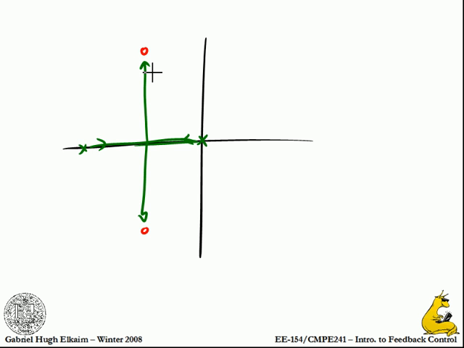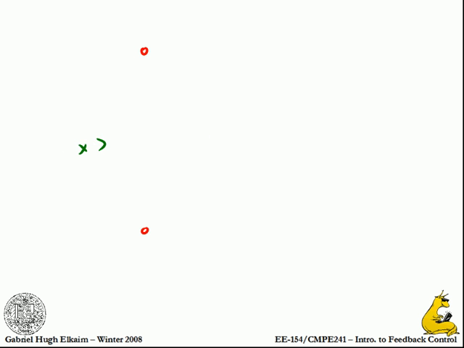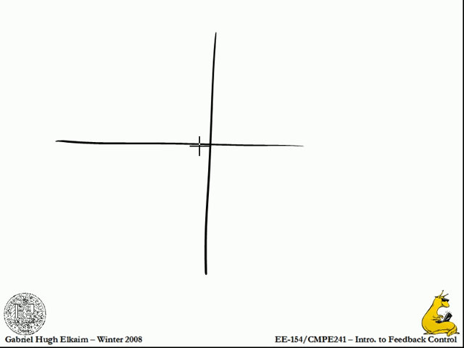No problem. However, what if instead I have my pole here, and a zero here? They're going to start at the open loop poles.